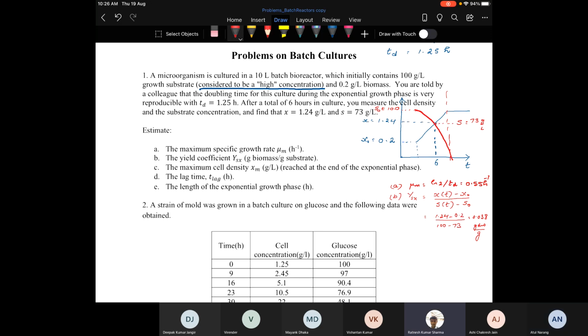I said that it will be like exactly the substrate concentration. What is the substrate concentration initially? So just give me a formula.